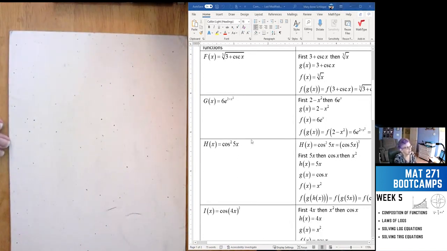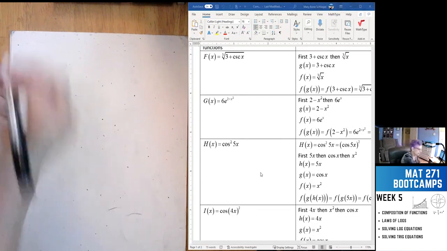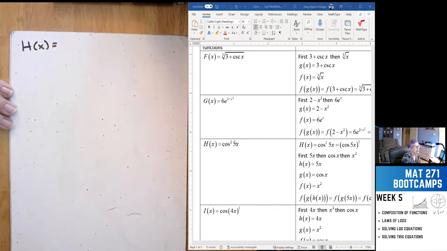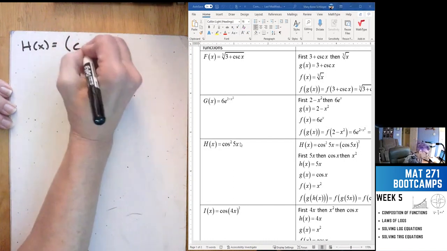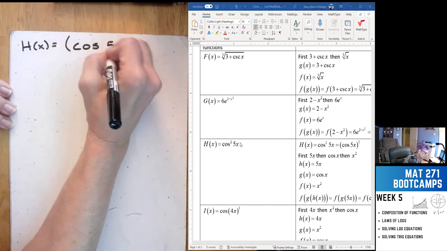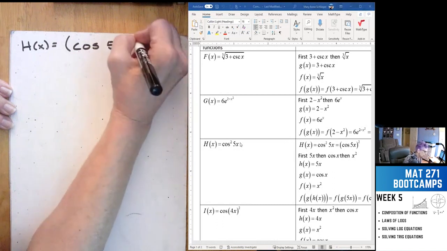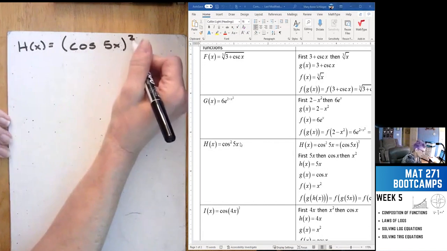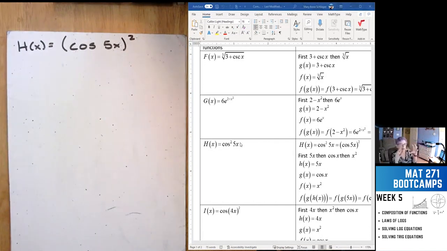I like to do these next two because they look kind of alike, but they're really, really different. Anytime you have the little exponent sitting right next to the trig function, that really means cosine of 5x whole darn thing squared. So if you're thinking about inside and outside, a lot of times you think of your inside function living inside some parentheses.